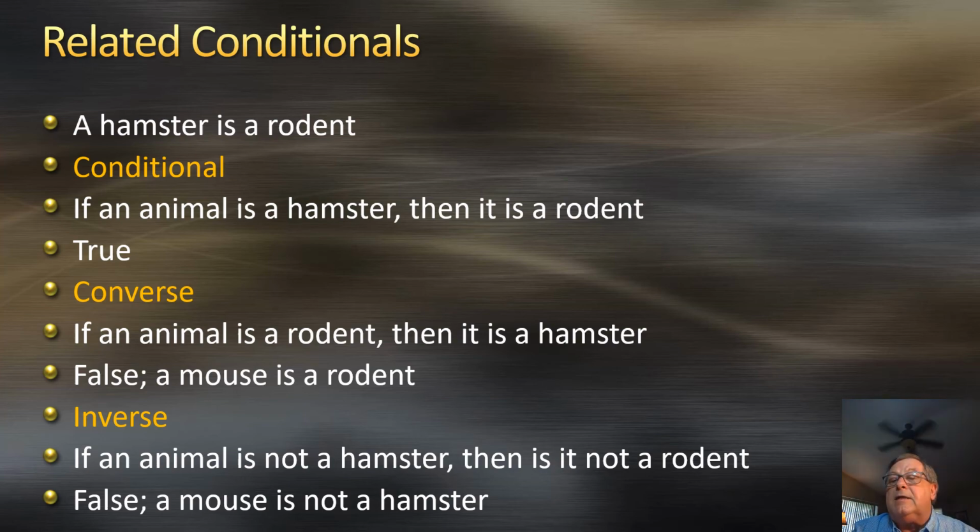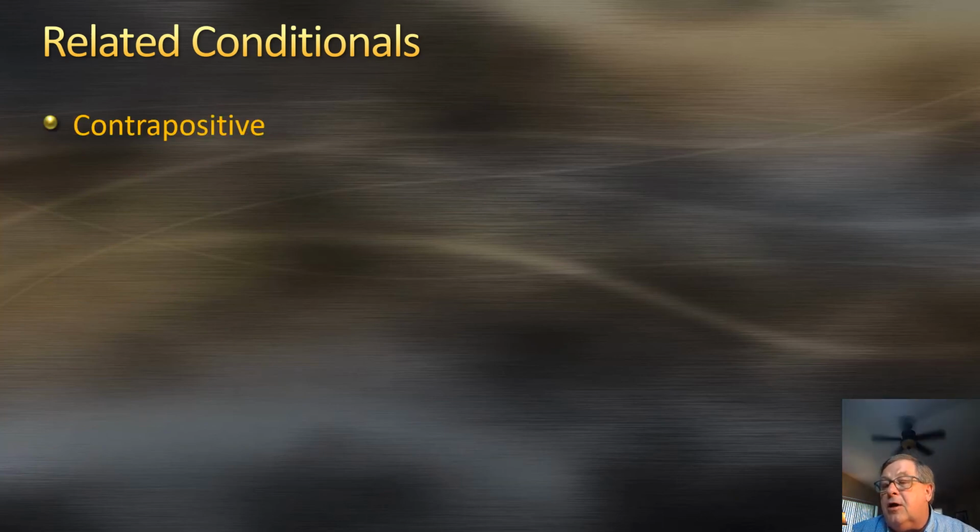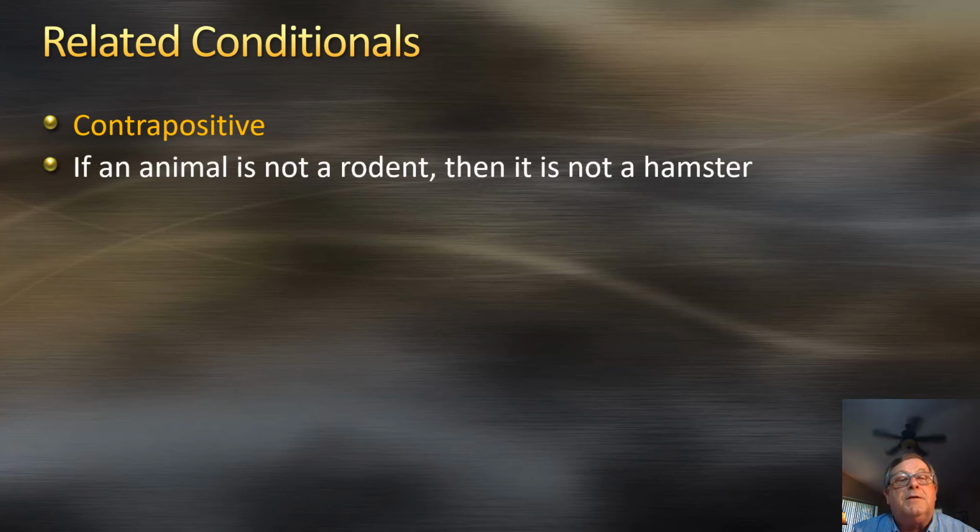And then lastly, let's take a look at the contrapositive. So the contrapositive, once again, is the negation of the converse, which is flip the conclusion and the hypothesis. And so we would say then that if an animal is not a rodent, then it is not a hamster.